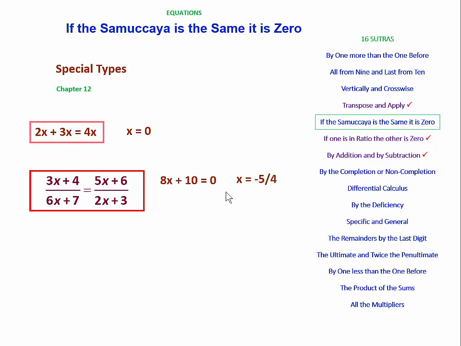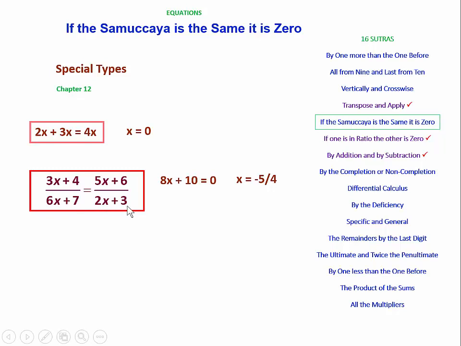over 4. In fact, there's another solution here, because if we cross-multiply, you see that we get 30x squared this way and 6x squared this way, and the x squared terms don't cancel, so we've got a quadratic and we expect two solutions, and the same sutra gives us the other solution too, simply by subtraction. If we take the 3x plus 4 from the 6x plus 7, we get 3x plus 3, and the same applies over here.